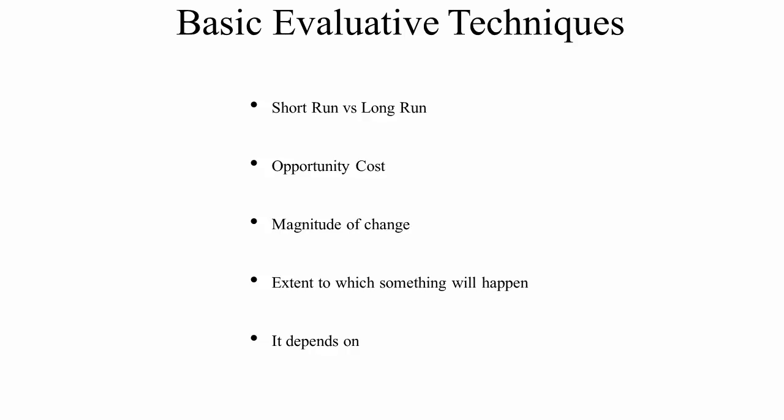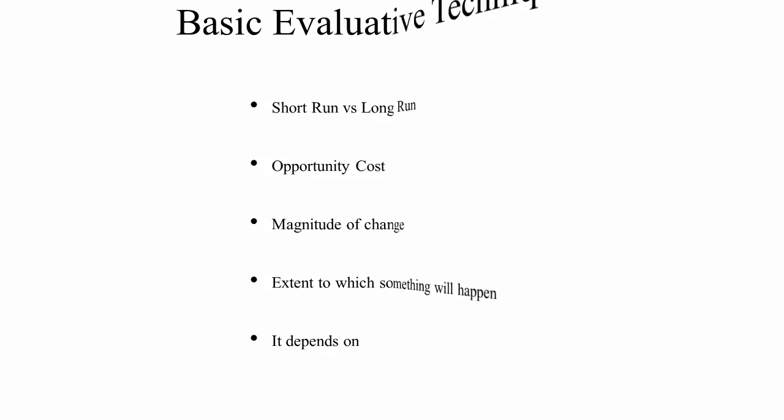These are talking about short-run versus long-run issues, matters such as opportunity cost and the magnitude or scale of the change, the extent to which something will or will not happen, and the "it depends" rule. So does the outcome depend on something else holding constant or something else happening? We're going to look at each of those in turn, and these are the basic evaluative techniques to doing good evaluation in A-level economics.